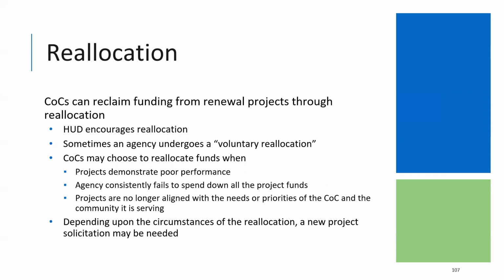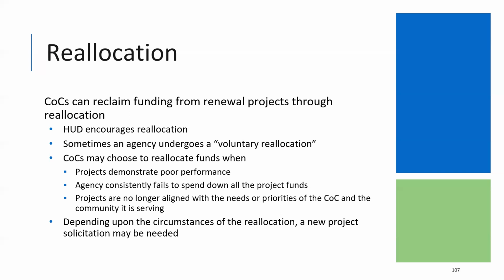Sometimes an agency does do a voluntary reallocation. Typically, this is when they maybe are no longer able to operate the projects, or they're looking to change their project type, for example. CoCs may choose to reallocate funds for some of these reasons. One, the project demonstrates poor performance. Two, the agency consistently fails to spend down all the project funds and is giving money back to HUD. In that case, the CoC may do a full or a partial reallocation.